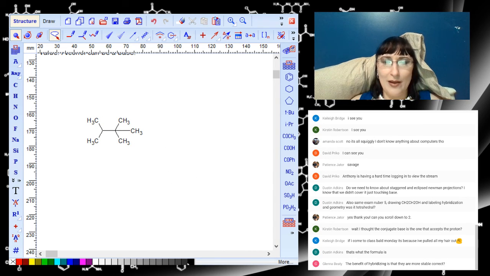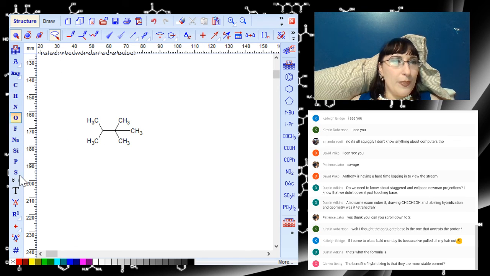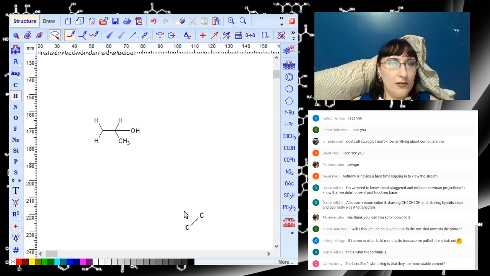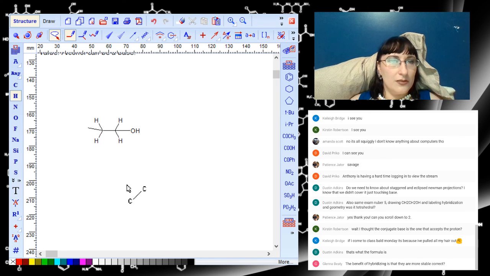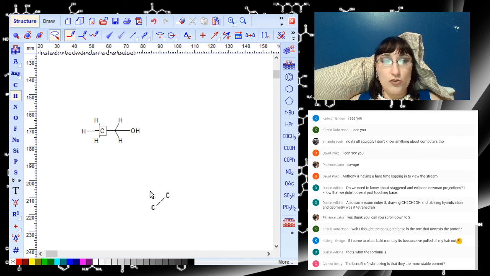I'm a lot better about it now than I was a few years ago, but let's say I add in an extra hydrogen here. There we go. So if you had this molecule, the oxygen and the 2 carbons would both be tetrahedral.